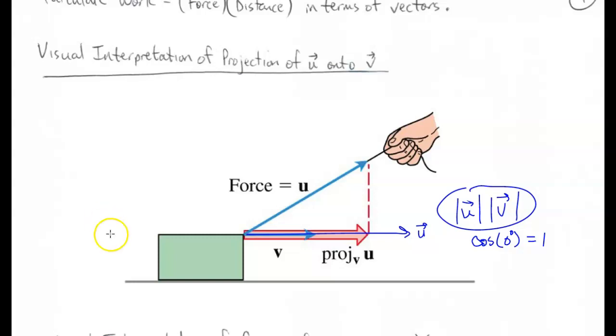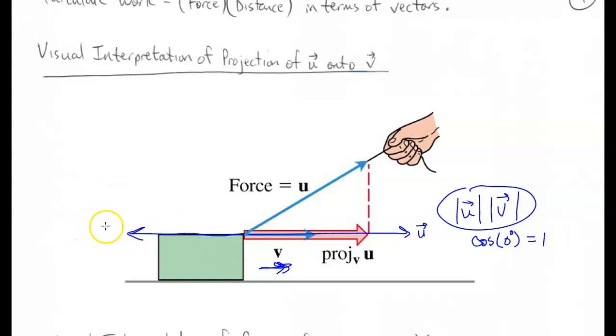So you see the extremes there: if the force is vertical, then of course none of this force is going to be applied to making the box go in the positive x direction. If the angle is 0 degrees, then of course all of it will. And the other extreme here is, what if the person is pulling the box directly opposite to the direction in which we want the box to go?